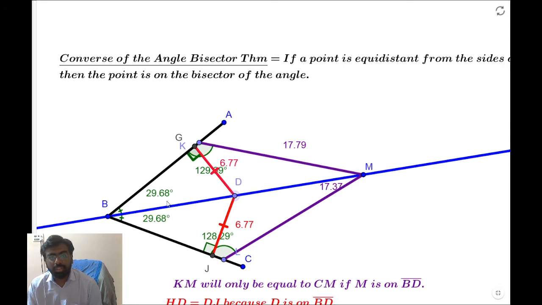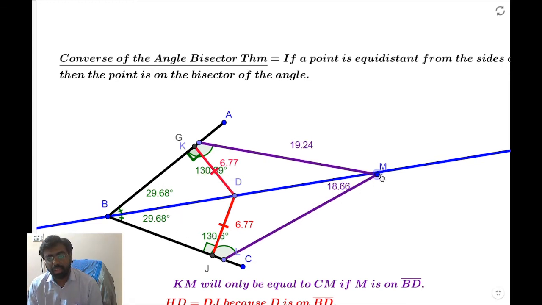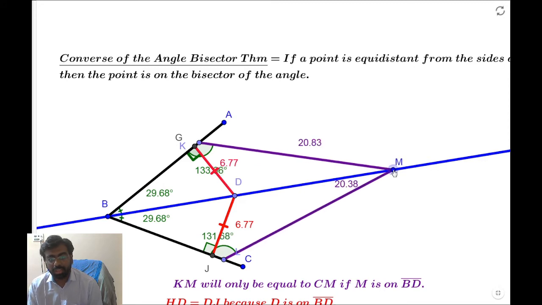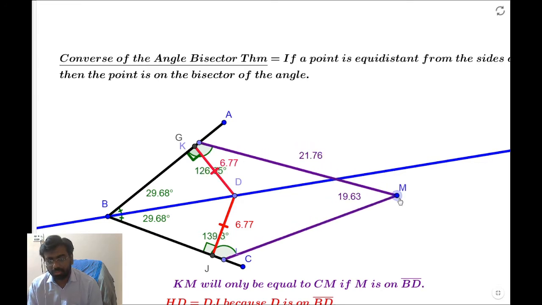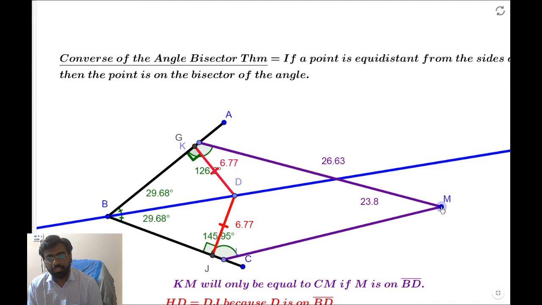The angle is divided, 29.68. Here there is yet another point given. If the point is at some other place, you can clearly see that the point is not on the bisector.